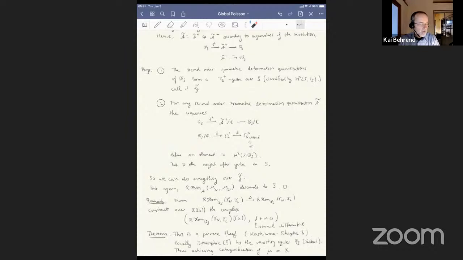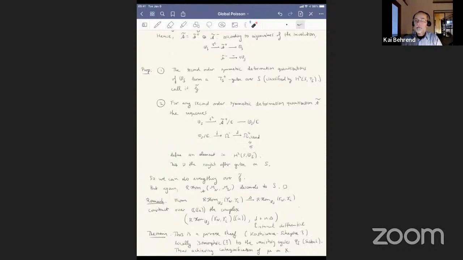And apparently the sheaf of microlocal differential operators that Kashiwara and Shapira and this whole school use to quantize is canonical. So these obstructions vanish.